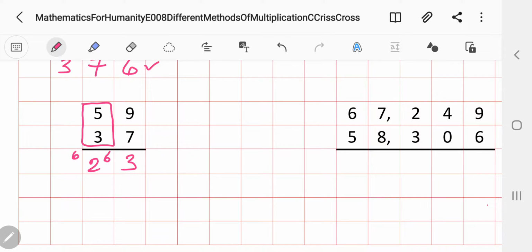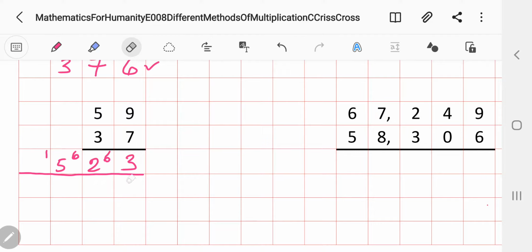So let's check that later. Anyway, this is 5 times 3, this would be 15, so this one would be 15 here. 3 times 5 would be 15.